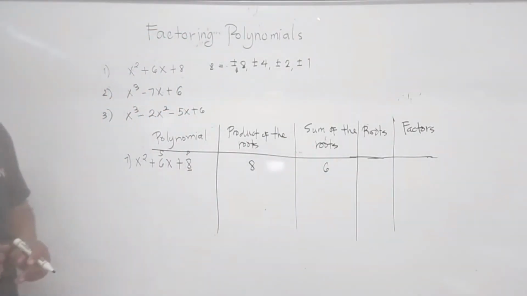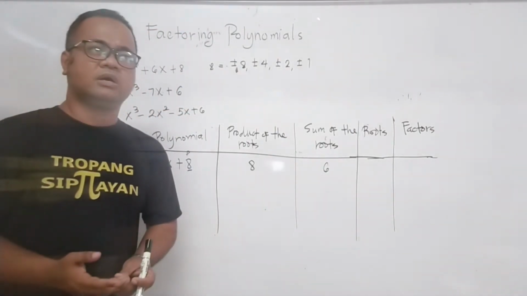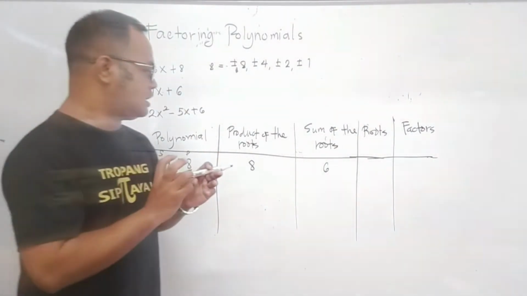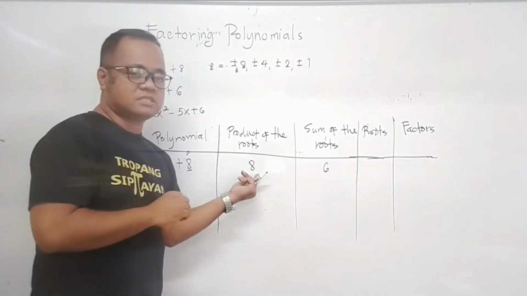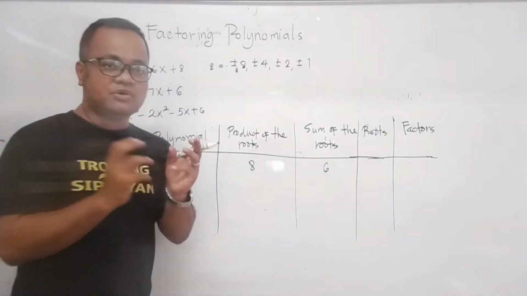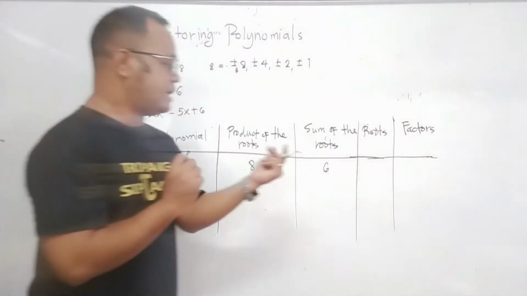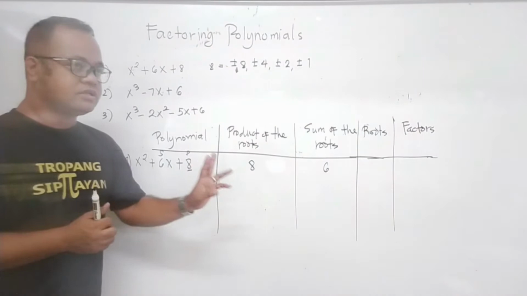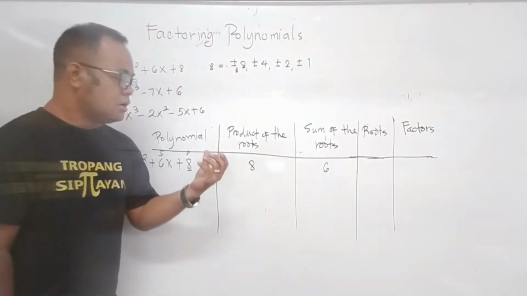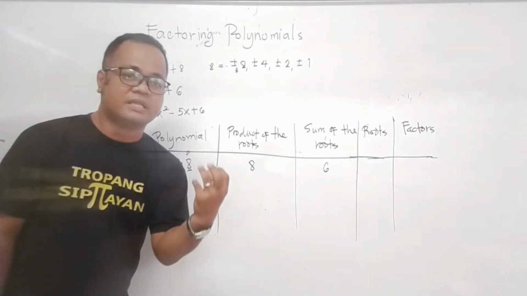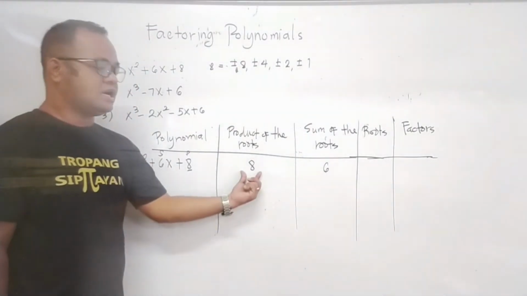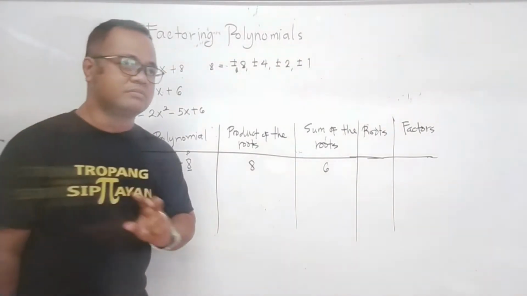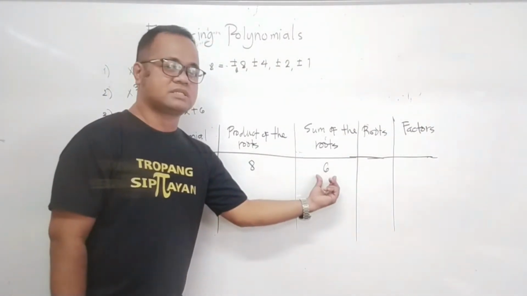Now, you think of two numbers that when you multiply them, the answer is 8, and when you add them, the answer is 6.